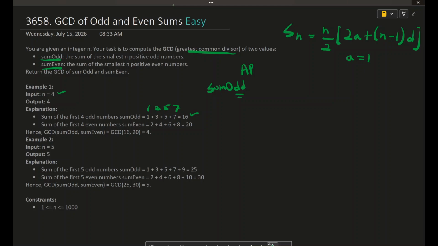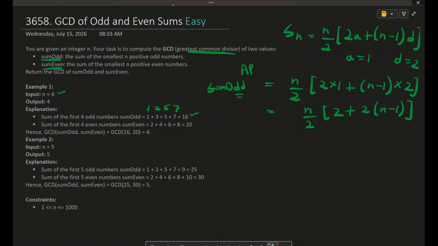If we calculate further, we will get n by 2 times (2 into 1 plus (n minus 1) d). Here d will be equal to 2 because odd numbers are alternate, so the difference between any two odd numbers is 2. So it becomes n by 2 times (2 plus 2(n minus 1)).